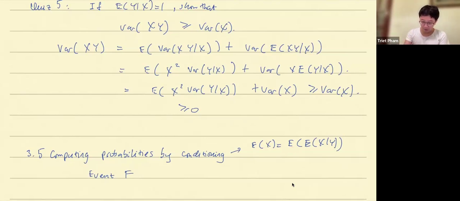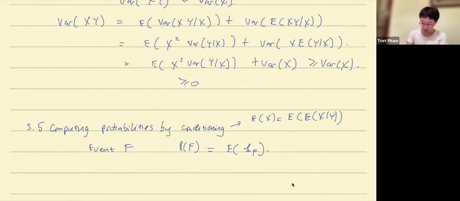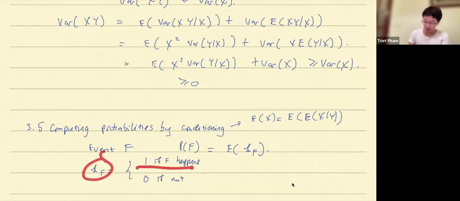So if you have an event F, then the probability of that event is the same as the expectation of the indicator function that the event happens. Okay. So we mentioned this before when we discussed the Bernoulli random variable. The reason is the indicator function is a Bernoulli random variable.